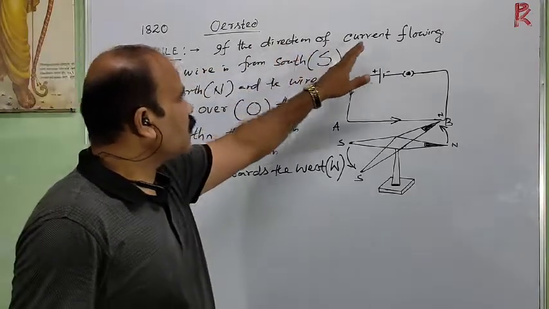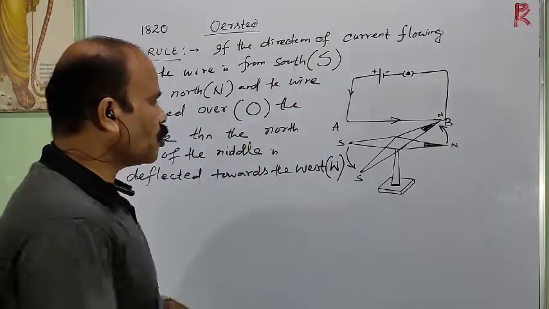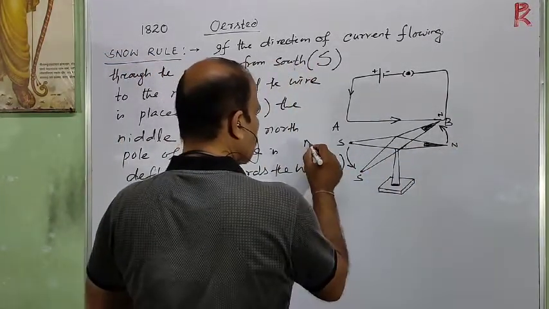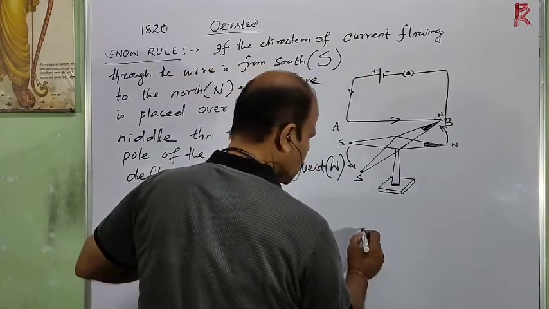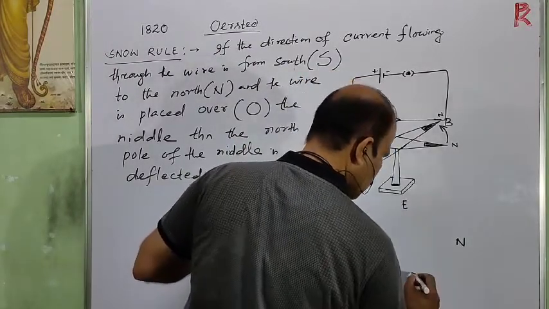If the direction of the current flowing through the wire is from south to north. Suppose this is our south, this is our north, this is our east, and this is our west.